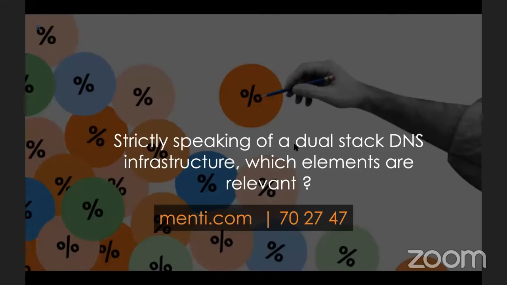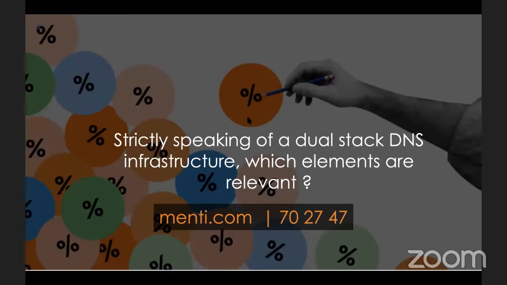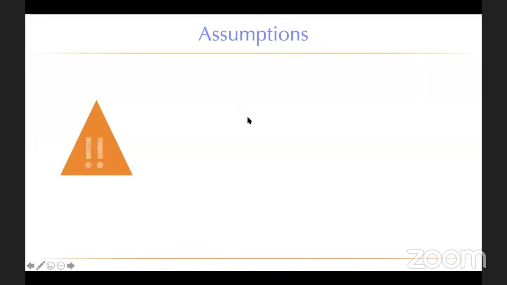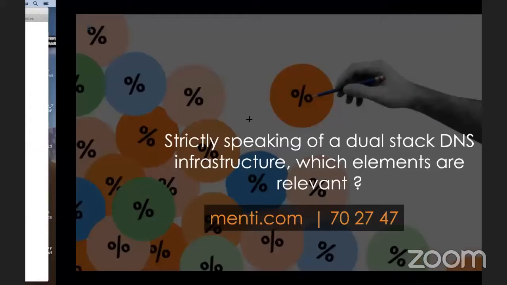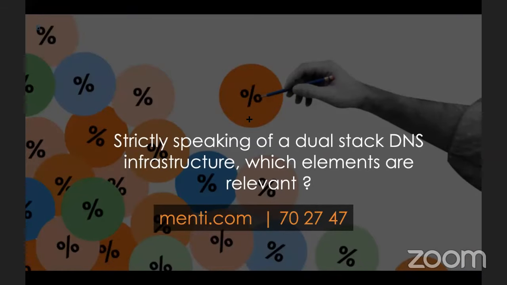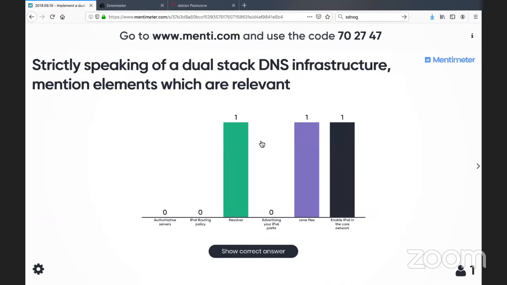The question is, strictly speaking of a dual stack DNS infrastructure, which elements are relevant?